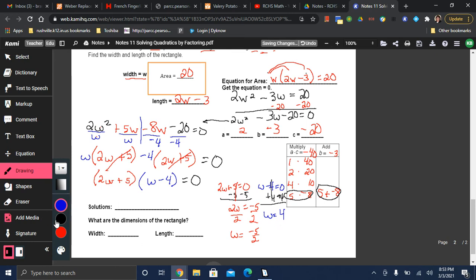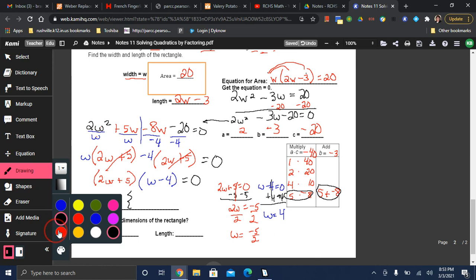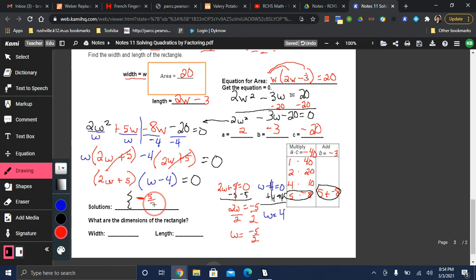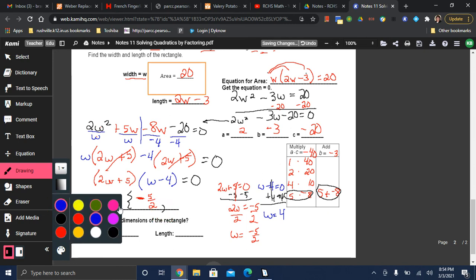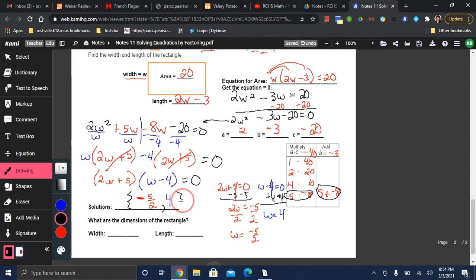Now, my solutions are both of these numbers. So one of them was negative 5/2, and my other solution was the 4. But when it comes down to this word problem, it doesn't make sense to have a negative number as a length or a width.